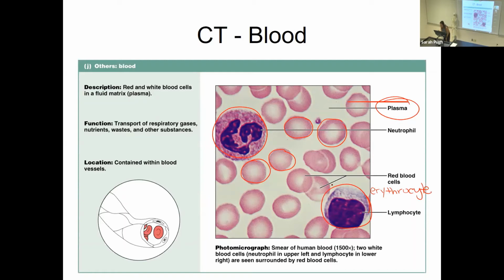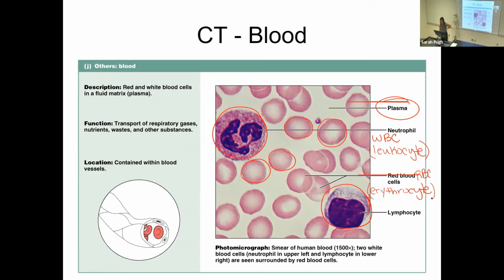And a lot of times for a white blood cell, I'll just abbreviate it WBC. And we also can call them leukocytes.